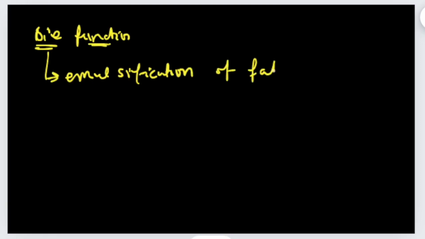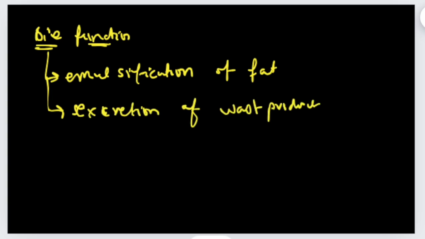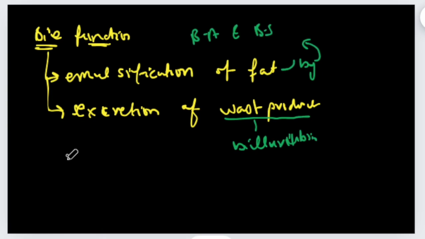What is the bile function? Bile function is emulsification of fat and excretion of waste products. Bilirubin is the waste product, and fats are emulsified by bile acid and bile salt.